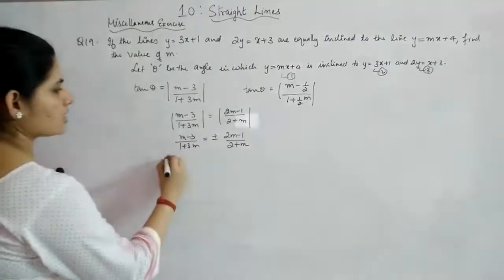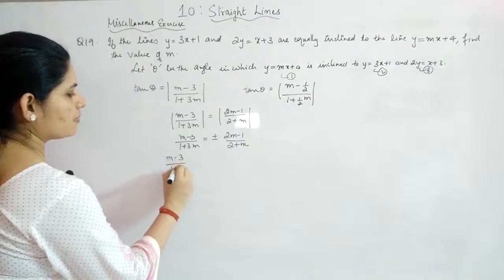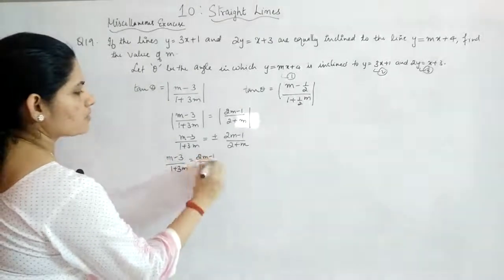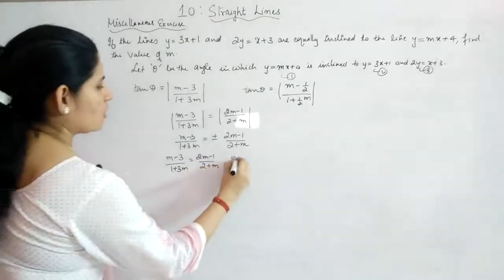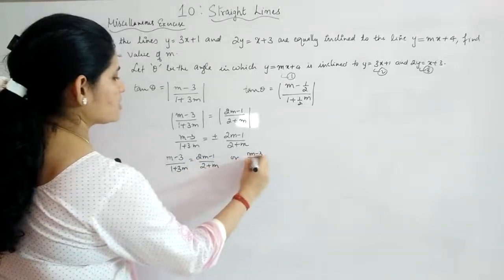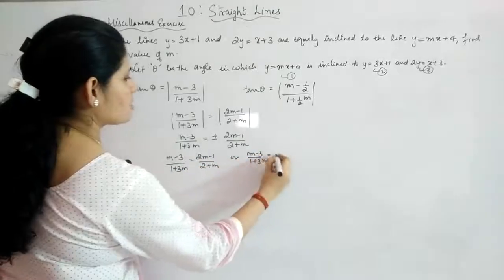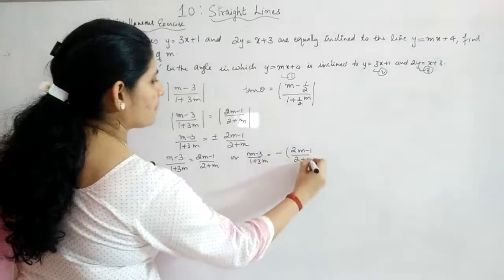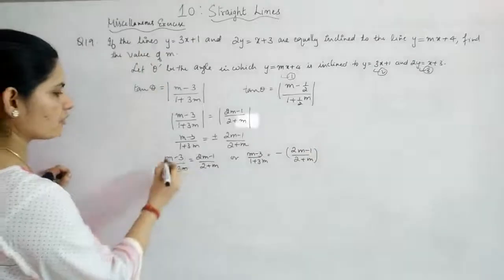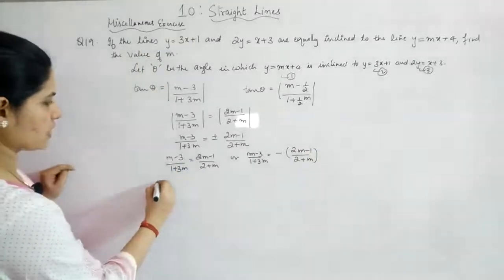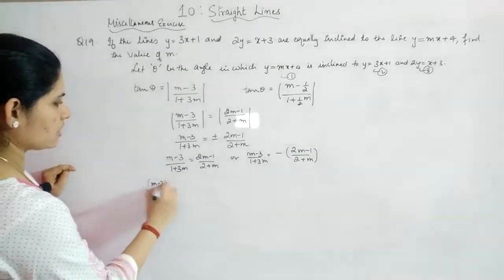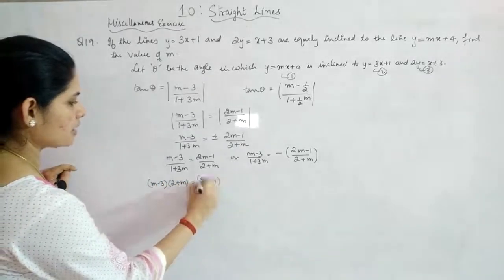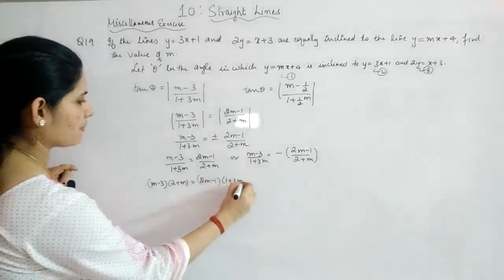So either you will get (m minus 3) by (1 plus 3m) is equal to (2m minus 1) by (2 plus m), or you will have (m minus 3) by (1 plus 3m) is equal to minus of (2m minus 1) by (2 plus m). So this will give you, after cross multiplication, (m minus 3) into (2 plus m) is equal to (2m minus 1) into (1 plus 3m).